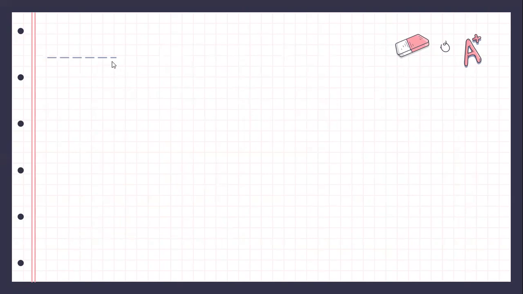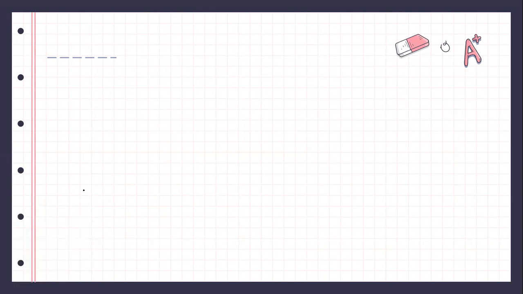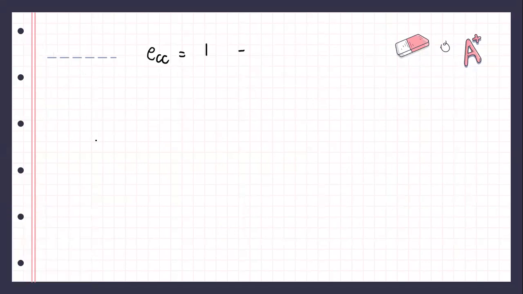And we have ECC is equal to 1123 minus 423 over 1,123 times 100.